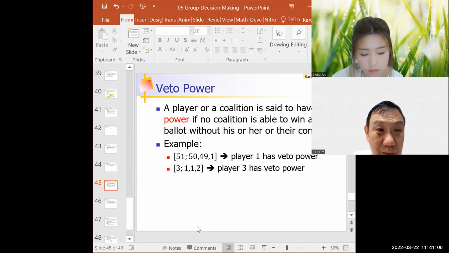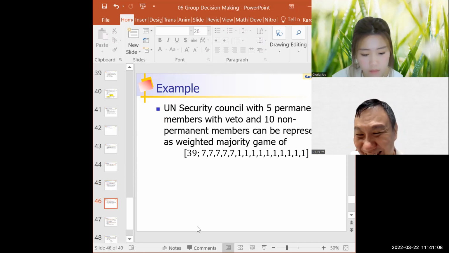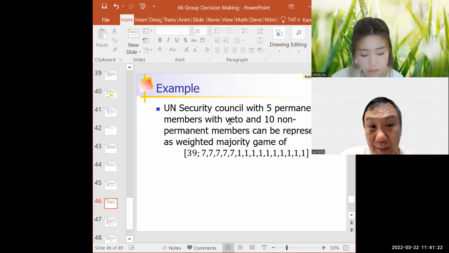Okay. So in the UN, this is the famous example, right? In the United Nations Security Council, this is the rule. You can check in the UN. There are 5 permanent members with veto power, and there are 10 non-permanent members that are replaceable.